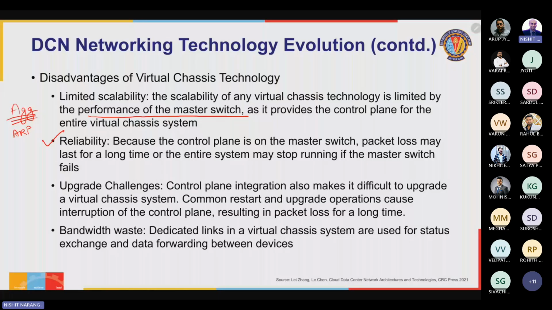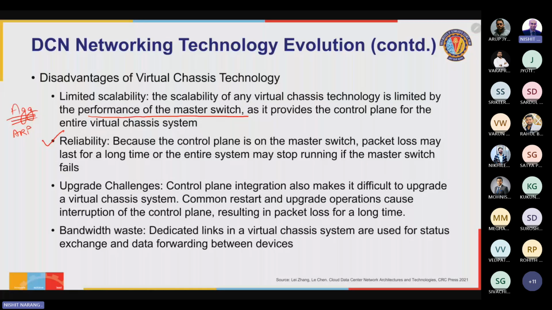Now, this whole protocol is going to take some time. So detection of the master switch failure itself takes some time. You'll build some kind of a heartbeat mechanism. You'll detect the master has gone down. It will take some finite amount of time to detect that. Then the protocol runs where the standbys, think of it like an election protocol.